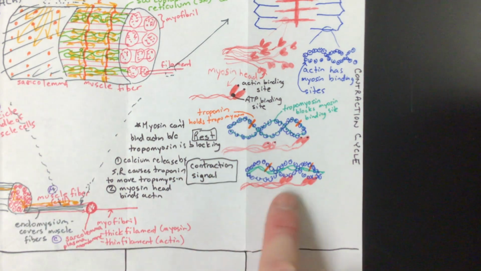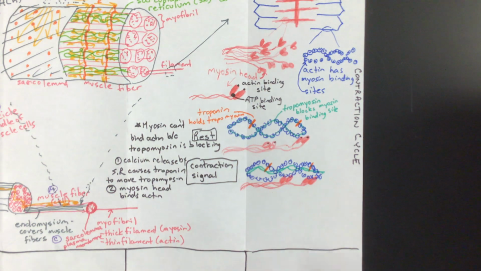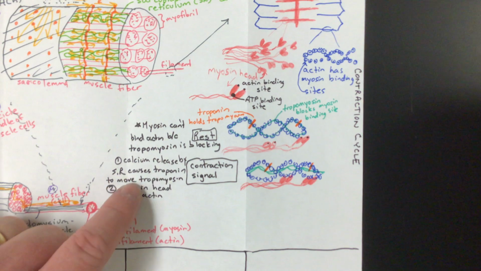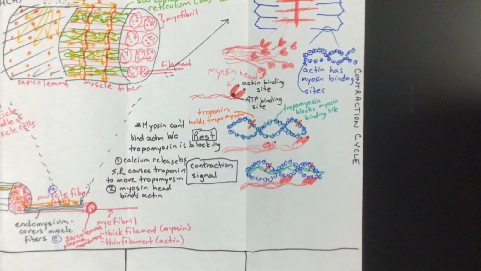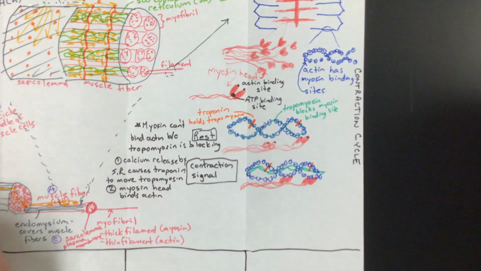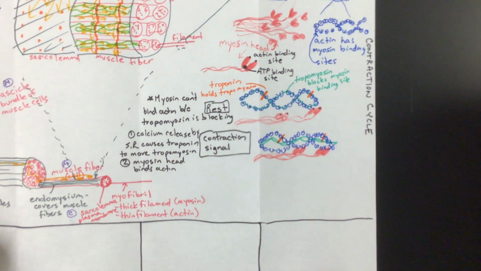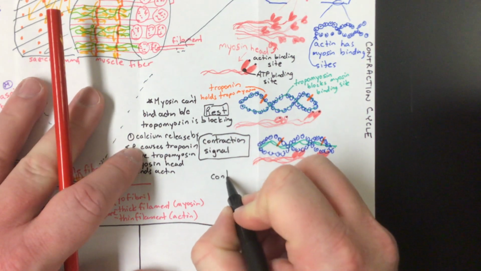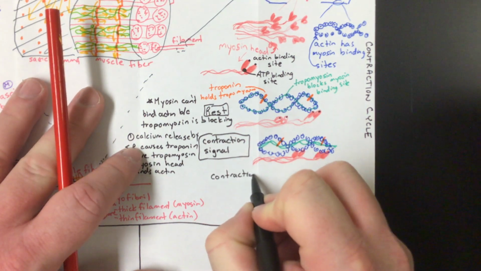So that's pretty awesome. We've got that interaction here. Another way to think about this is that troponin is kind of like activated to move by calcium. Then what happens is all of these myosin heads, when they grab onto actin, they change shape and pull on the actin, kind of like a rowing motion. That's called the power stroke. So at the end, we want to say that this is when the actual contraction happens.